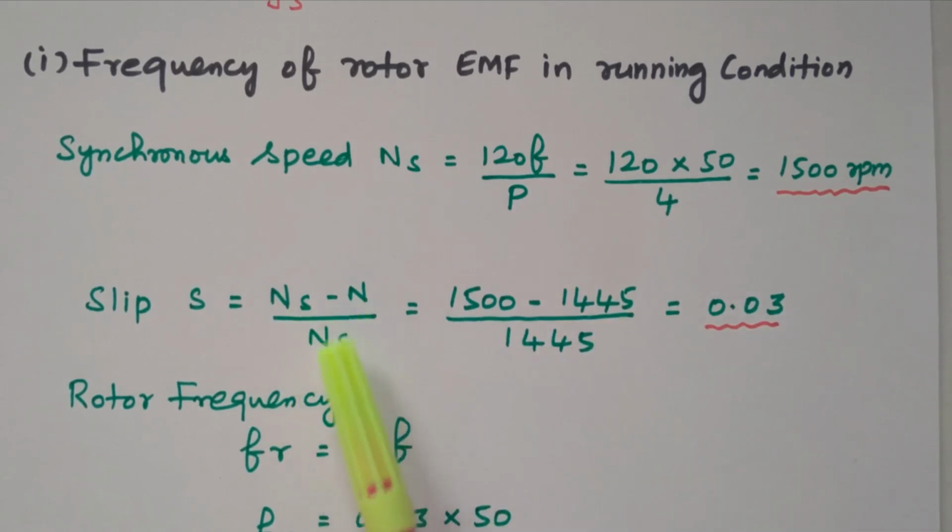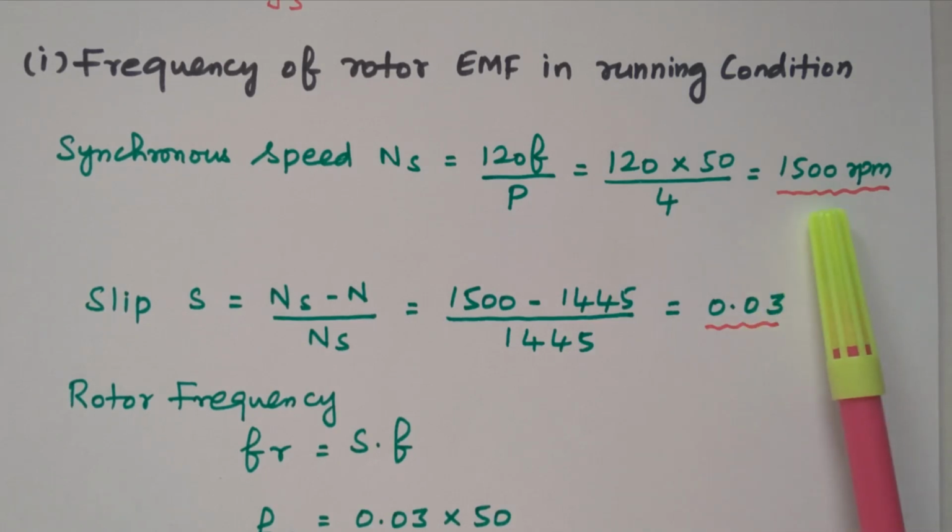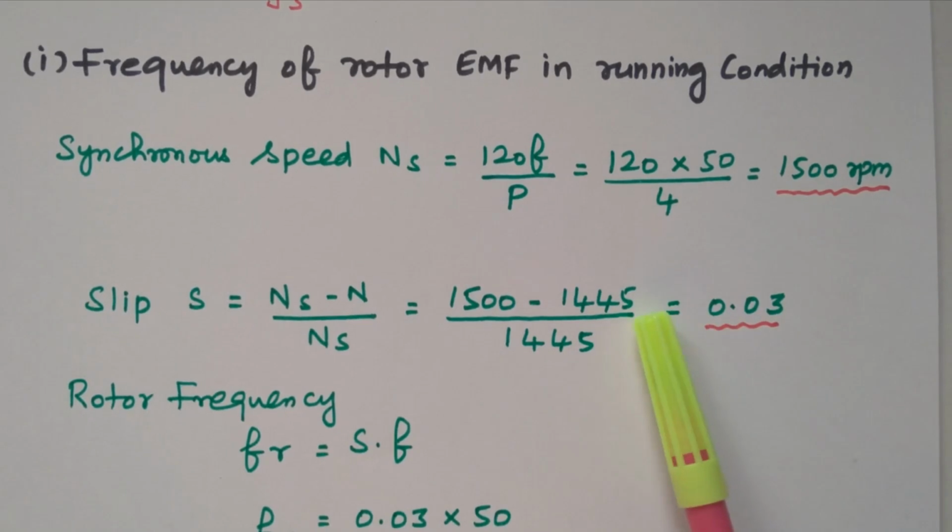So Ns minus N divided by Ns, 1500 minus 1440 divided by 1500, gives 0.03. The slip is 0.03. The synchronous speed is 1500, and it is rotating at 1440, so based on that the slip of the induction motor is 0.03.